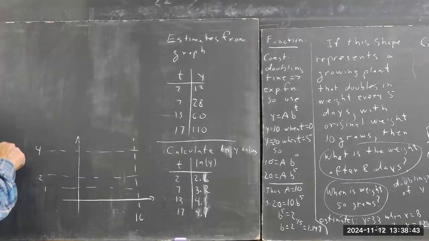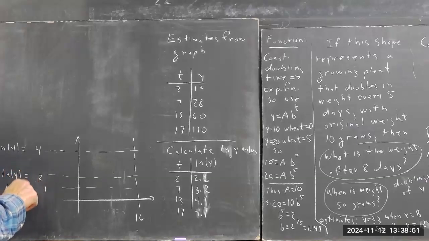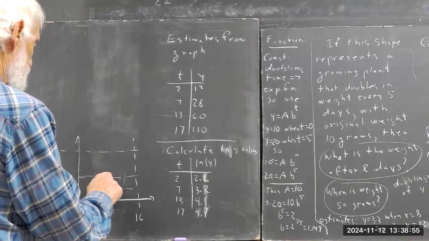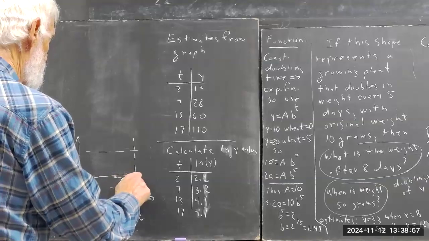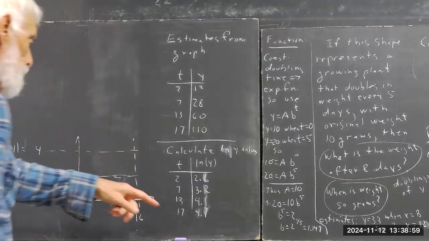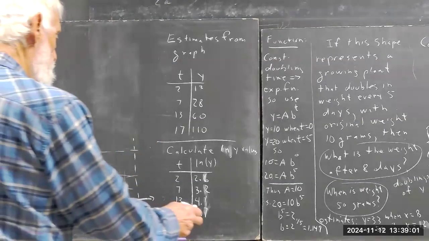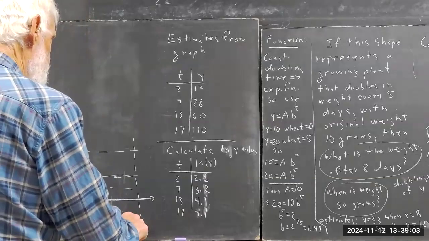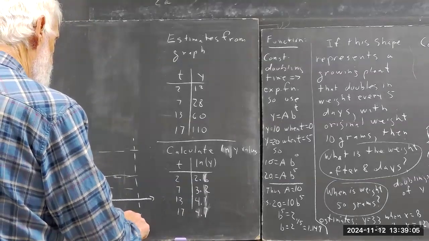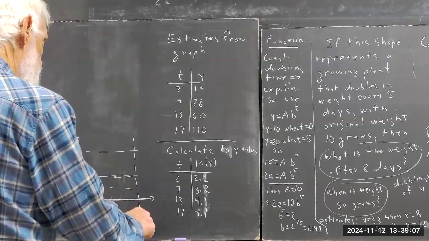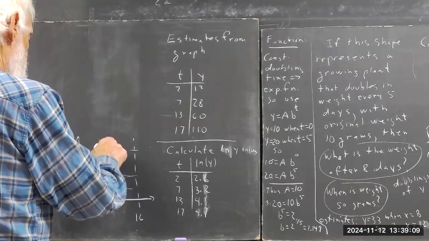So natural log of y is 4. Natural log of y is 2. Natural log of y equals 1. And this line got kind of down in the middle. Okay. Over here, I have t equals 16.